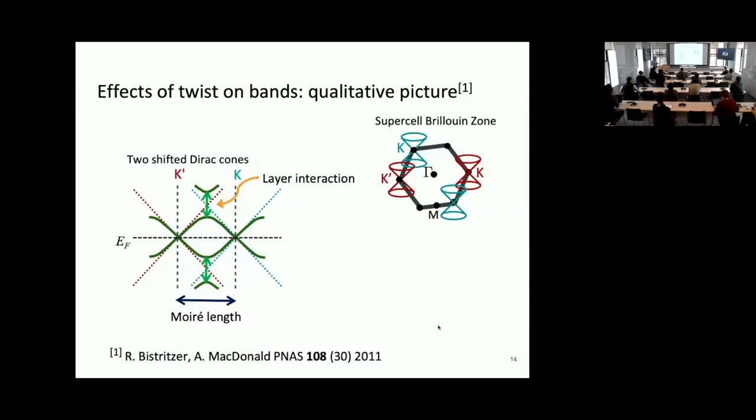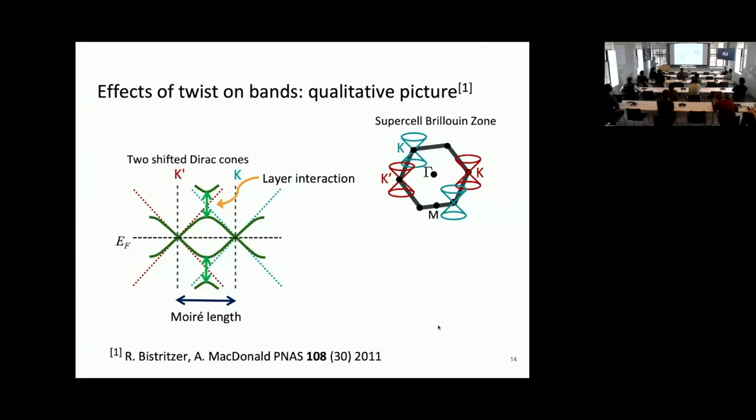Now, a key contribution in understanding a lot of the physics associated with this came from this seminal paper by Bistritzer and MacDonald in 2011, who pointed out this simplified but quite powerful picture of how to think about these systems. So here's the supercell Brillouin zone that I showed you again with a blue graphene Dirac cone in one corner and a red Dirac cone in the other corner.